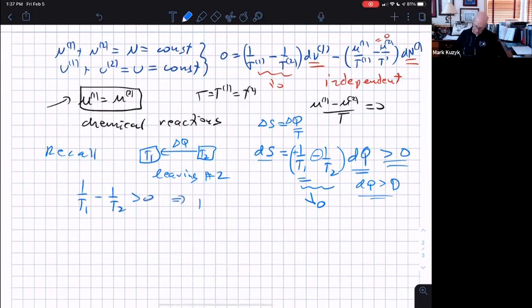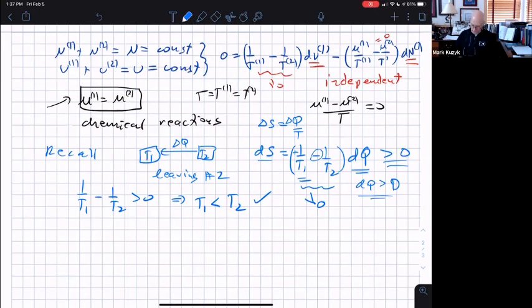So that implies that T1 has to be less than T2. Wait, so I got that backwards. No, that's right. The first term has to be bigger than the second term. And so exactly, that's what happens. Heat flows from hot to cold.